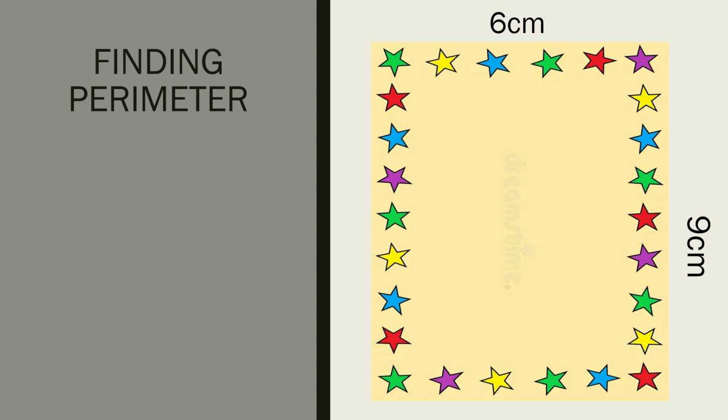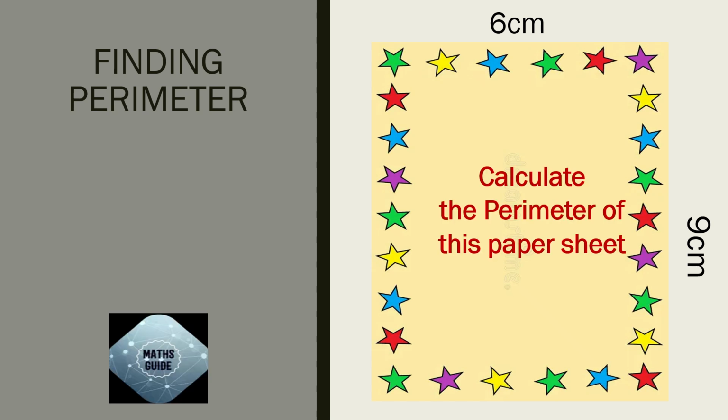Now we have a paper sheet of two dimensions which is rectangular in shape, and the length is 9 centimeter and width is 6 centimeter, and we have to calculate the perimeter of this paper sheet. What we have to do, we have to use a formula, that is perimeter of rectangle is 2 into (length plus width). Using this formula, we can put the value in it and find out the perimeter. How?